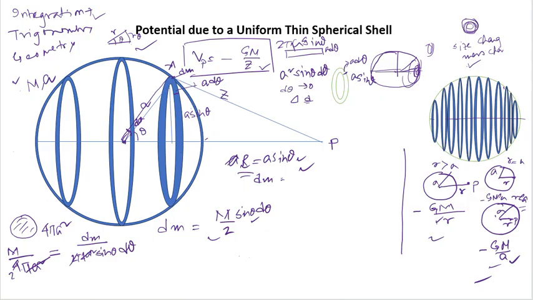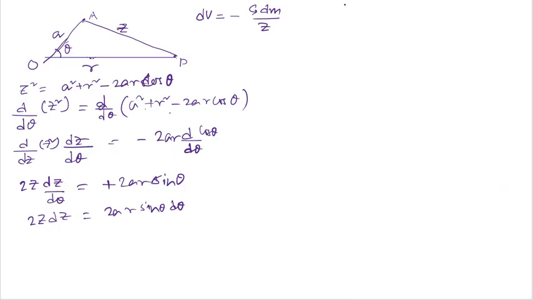In the last slide we have seen that dm equals m by 2 sin theta d theta. Now we're going to replace all of that here.